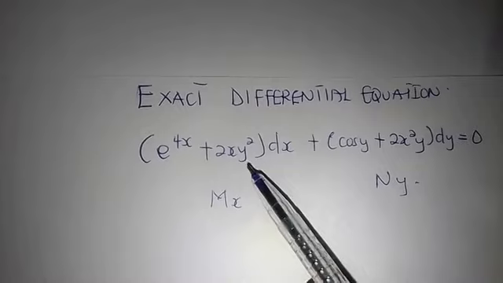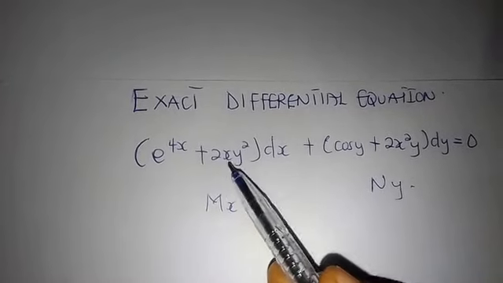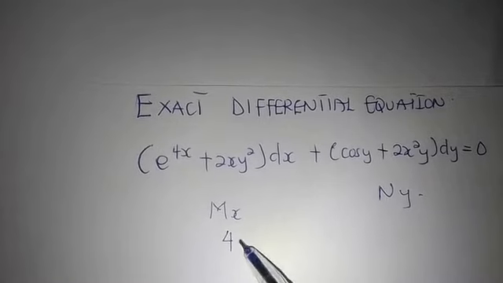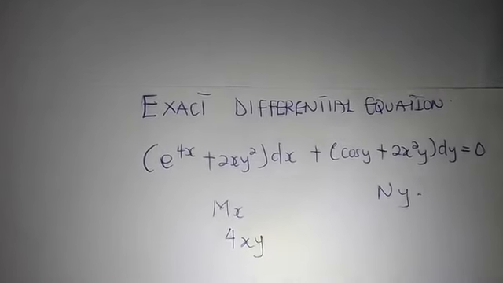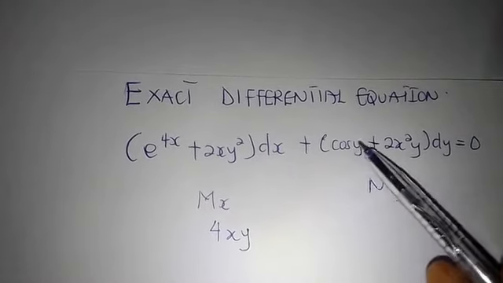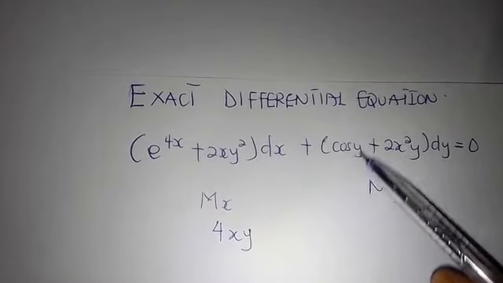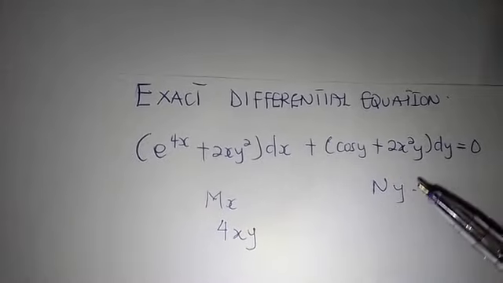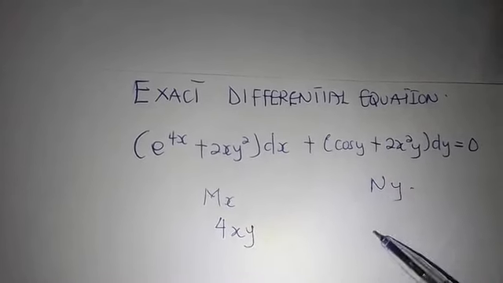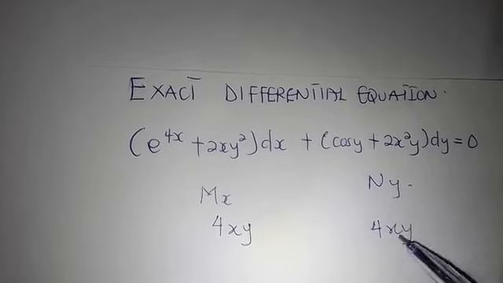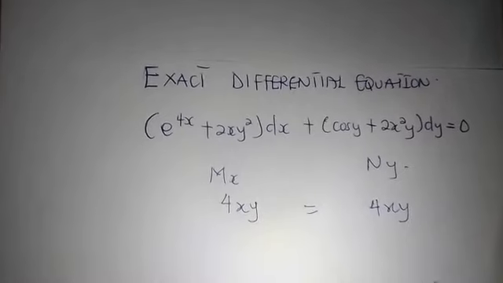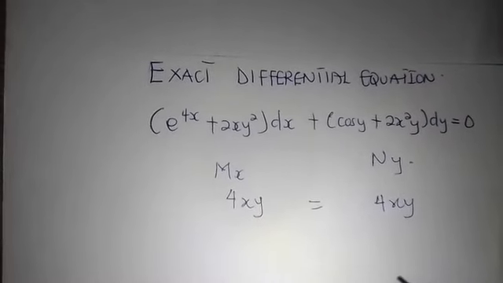Then 2xy^2 with respect to y, I get 4xy as my solution. Then with respect to x, cos y has no x content, so it will be 0. Then 2x^2 y with respect to x gives 4xy. Since they are equal, I conclude that this equation is an exact differential equation.